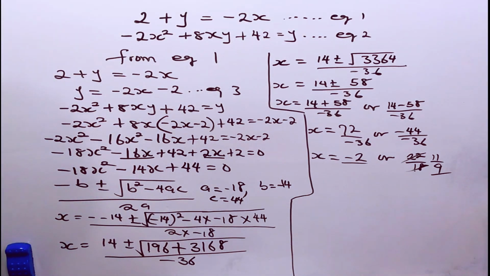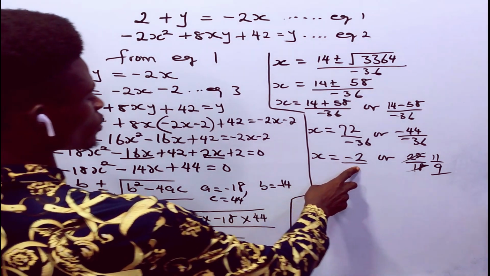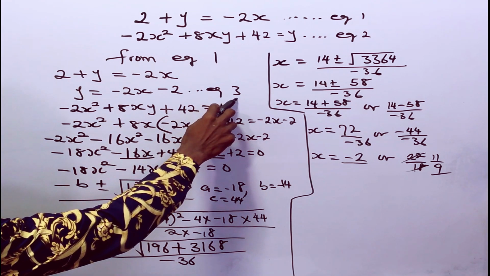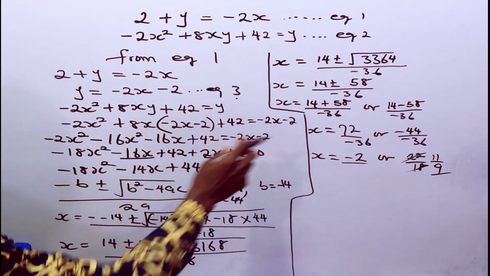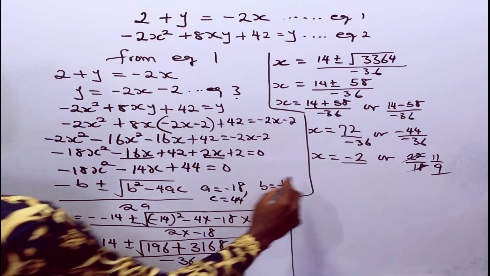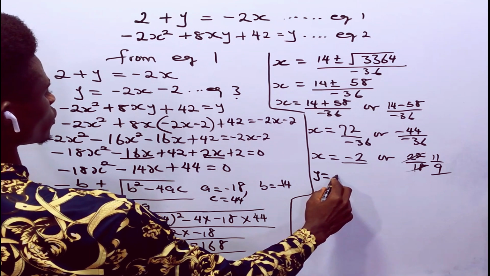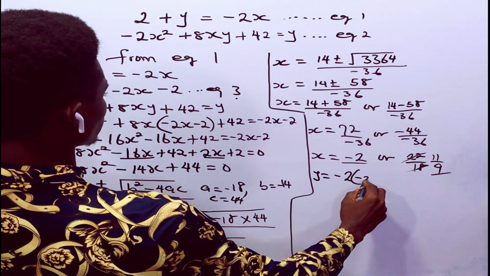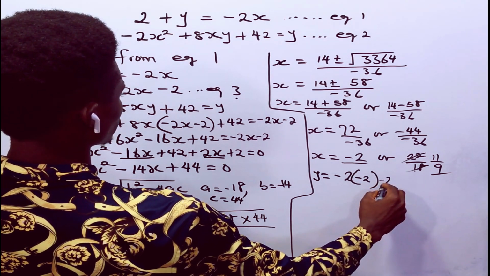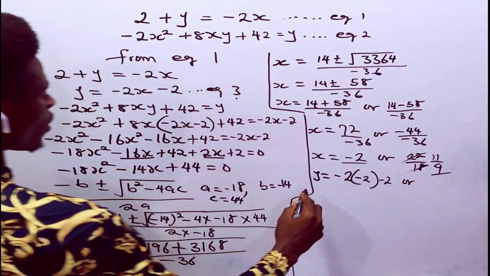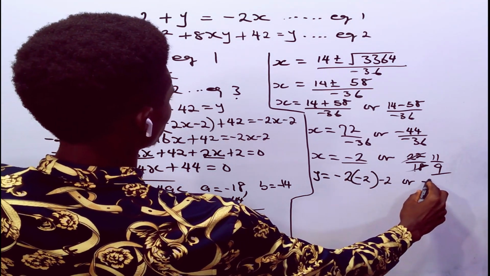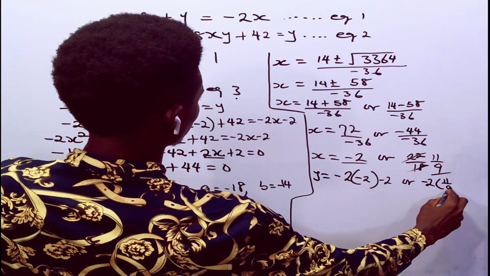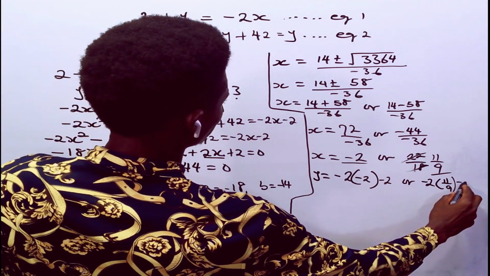Now let's find the value of y when x is negative 2 and when x is 11 over 9 from equation 3. So y will be equal to negative 2 times negative 2 minus 2, or negative 2 times 11 over 9 minus 2.